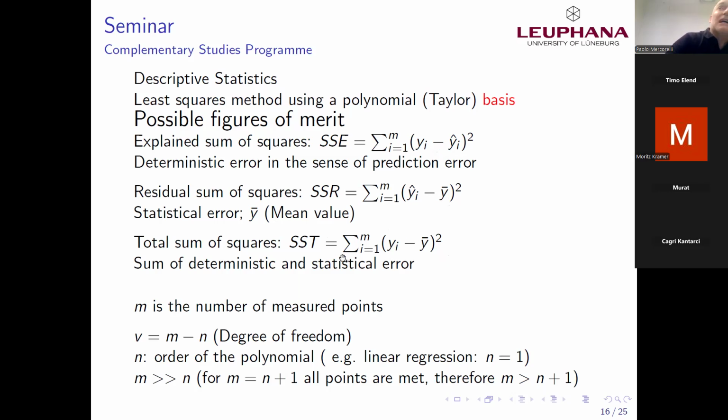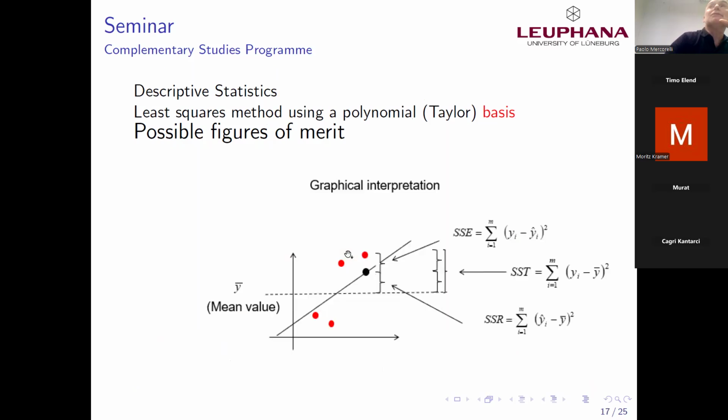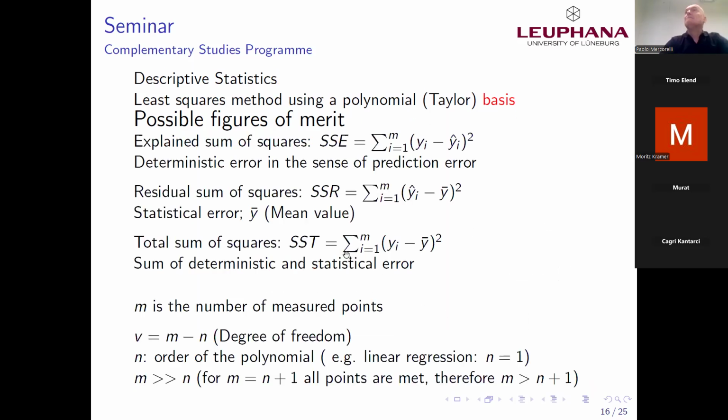Please pay attention now because it allows us to conclude with interesting insights. Look at this SST, this total sum of squares, so defined: yi, the measurement, minus the mean value of the measurement, squared, is something proportional to the variance. SST is the variance multiplied by m minus 1. Roughly speaking, if you don't remember, it does not matter.